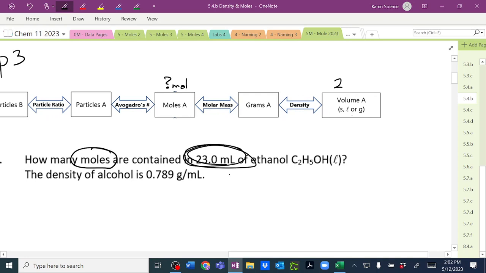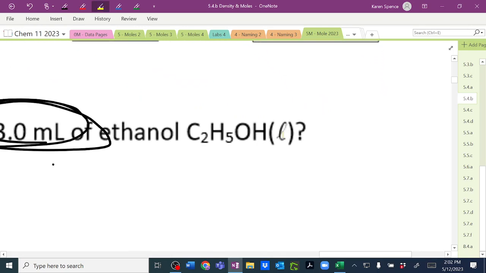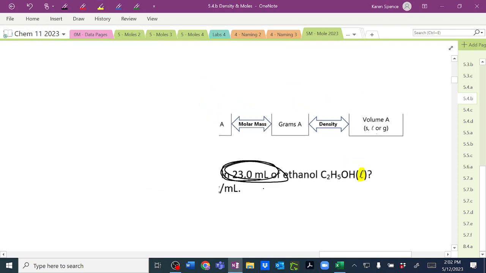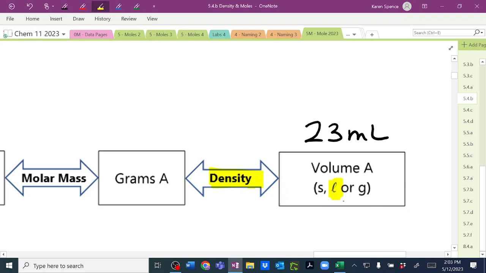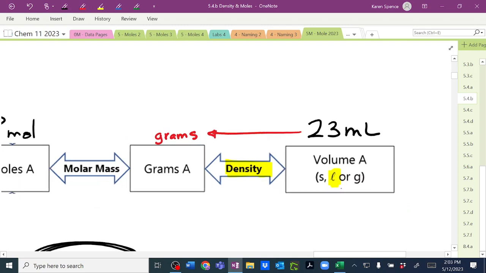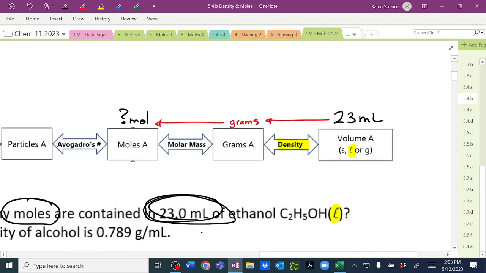We are starting with 23 milliliters of ethanol. What type of substance is it? It is a liquid. So that means we can use density to get to mass, because we have a liquid. We can use density to convert our milliliters into grams. So we're going to take 23 milliliters, convert it into grams, and then take our grams and convert them into moles. If you find this little chart helpful, tear out page 3 and have it in front of you.